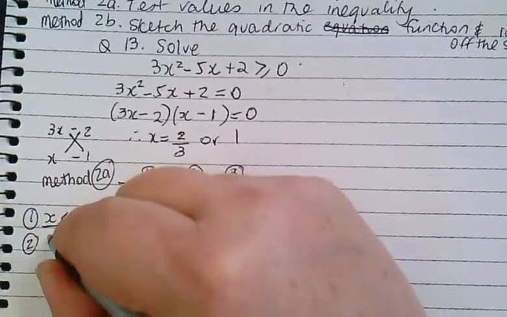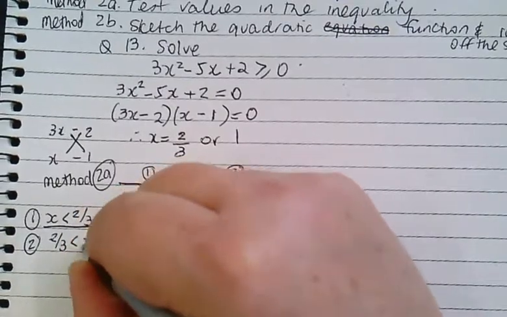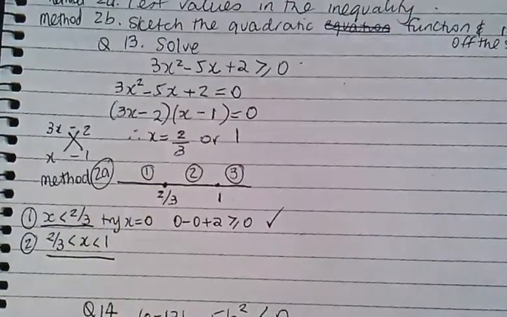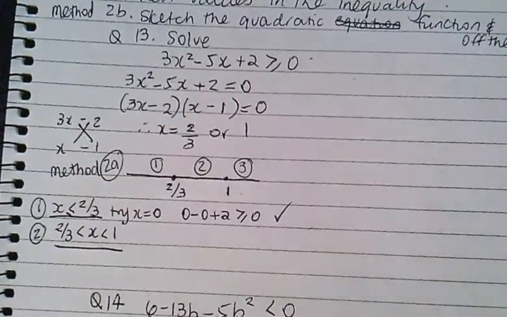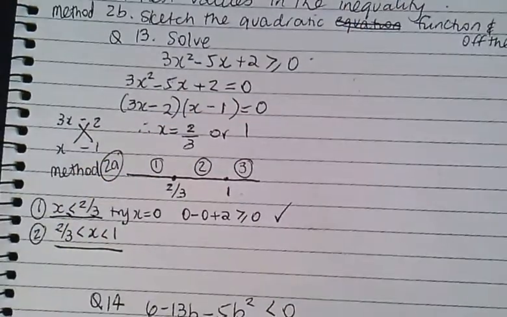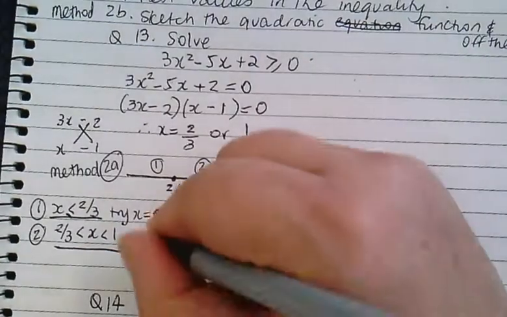Region 2, I'm going to try x lies between 2/3 and 1. Actually, it should be less than or equal to, whatever. Between 2/3 and 1, you can just think of something like, well, remember 2/3 is 0.6 recurring. You can do 0.8, 0.9, whatever you like. You'd have to use your calc for that one. Anyone? What do you want to try?